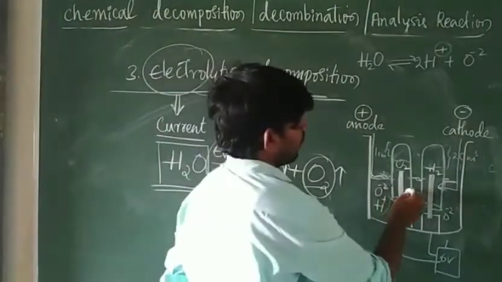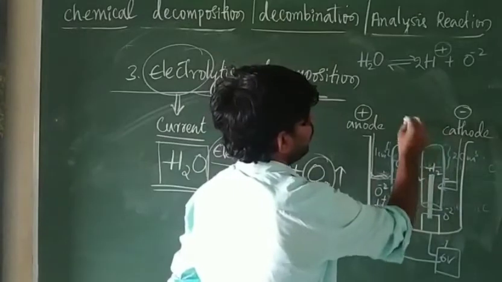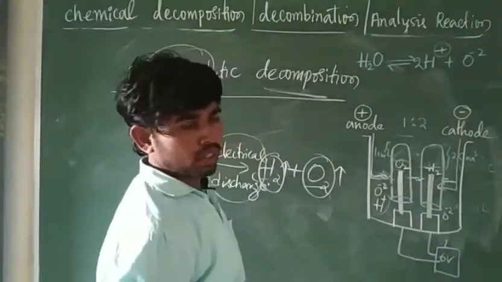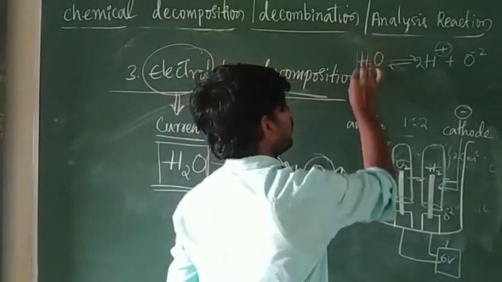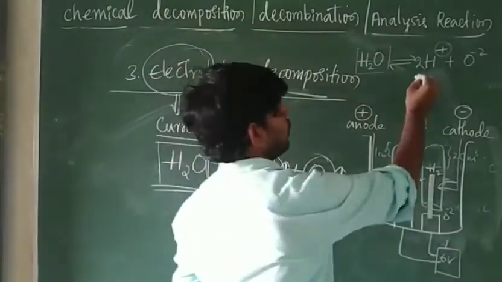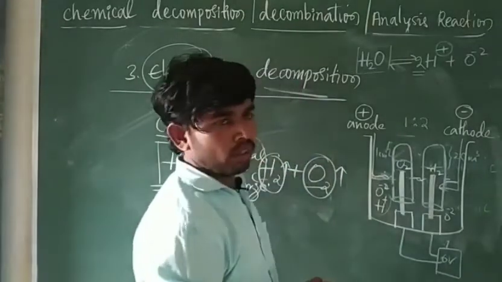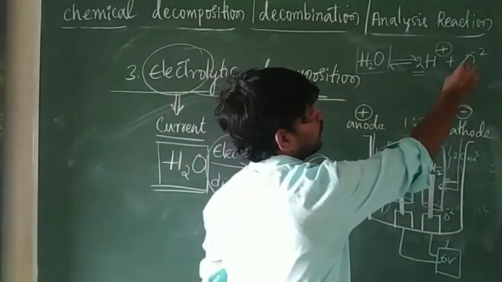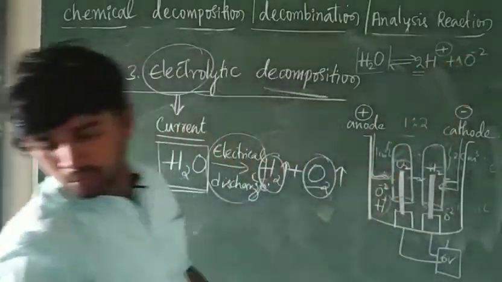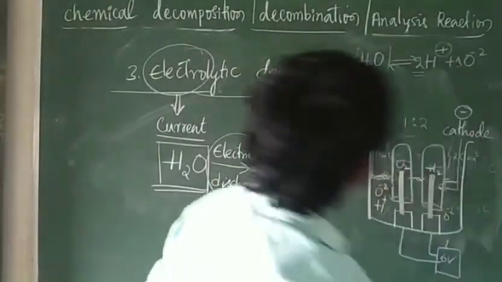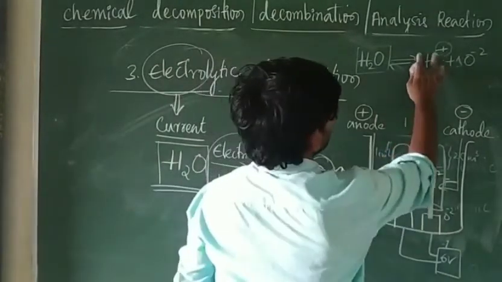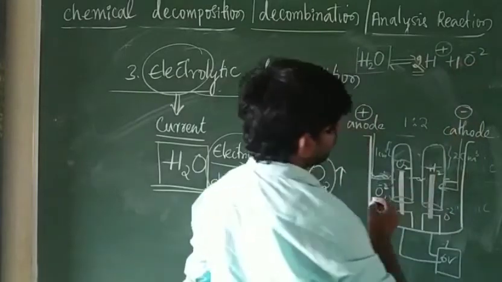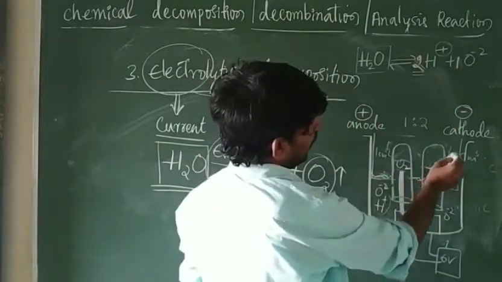They will ask why the ratio of cathode to anode is 2:1. Because 1 molecule of water produces 2 volumes of hydrogen. If you take 1 mole, it will produce 2 moles of hydrogen and 1 mole of oxygen.